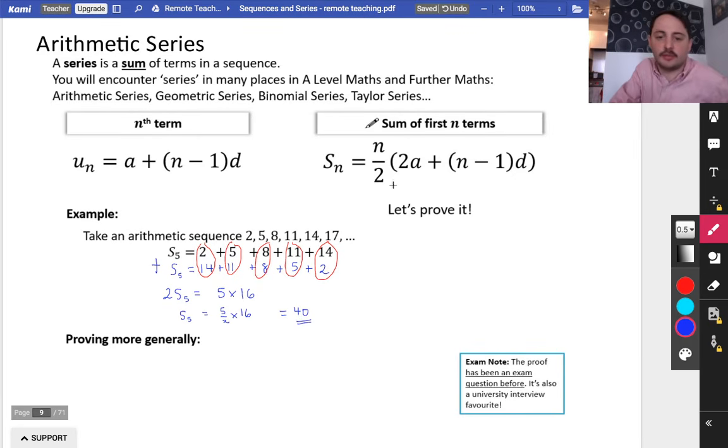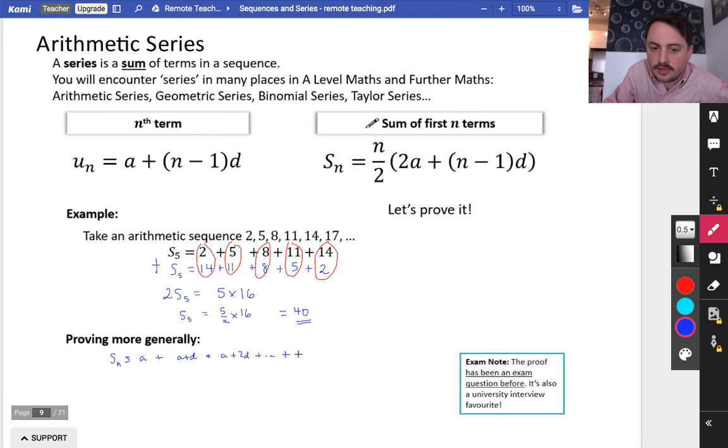So we're now going to try and come up with this formula more generally. So I'm going to say that S_n is equal to a plus, and the next term in the sequence would be a plus d. Then we would have a plus 2d plus dot dot dot.